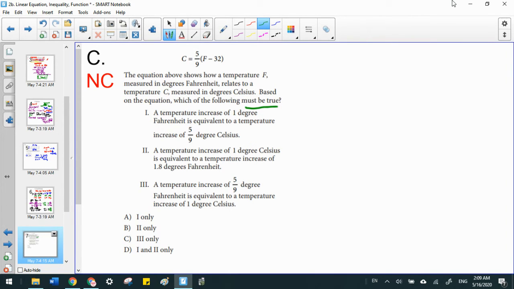And I'm looking at this, and I'm going to tell you right now, even though we have a 5/9 times F minus 32 here, I'm really just focused on that 5/9 F. Every single one of these statements is about how one variable changes when the other variable changes by some certain amount. So when I try to distribute this, the 5/9 F is great.